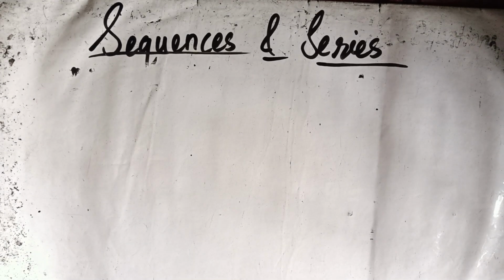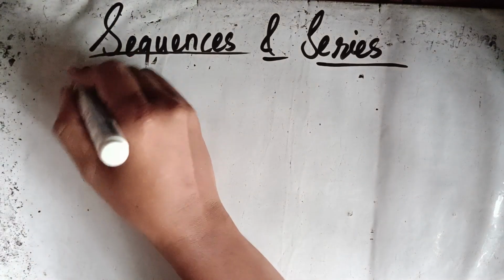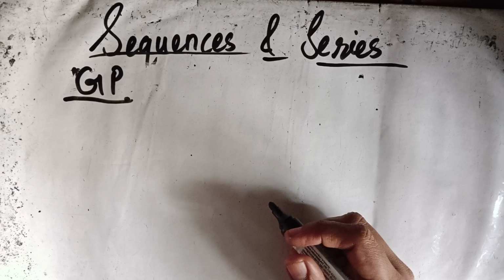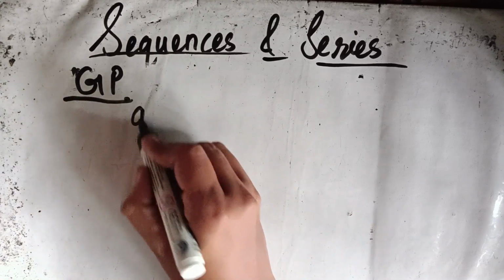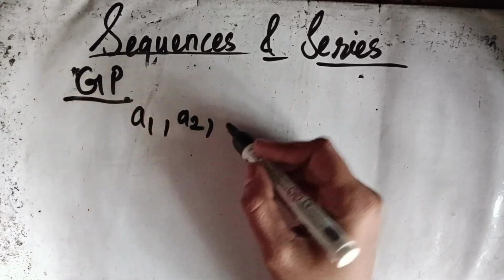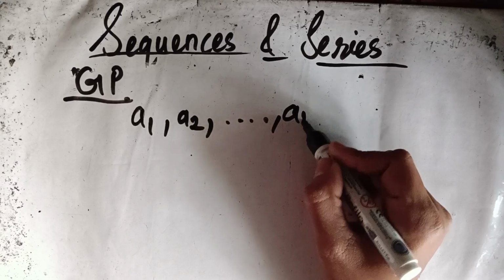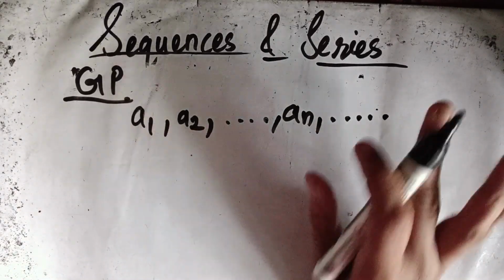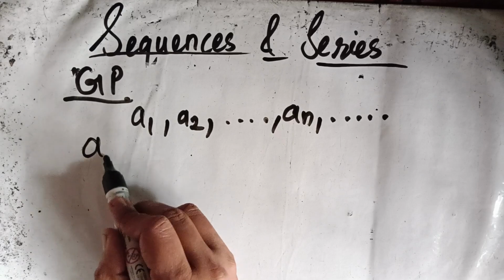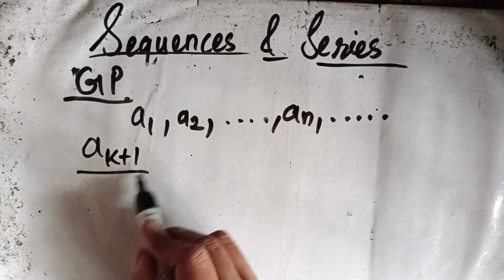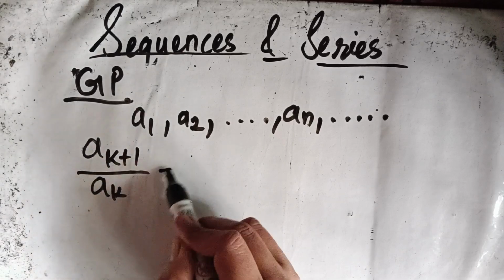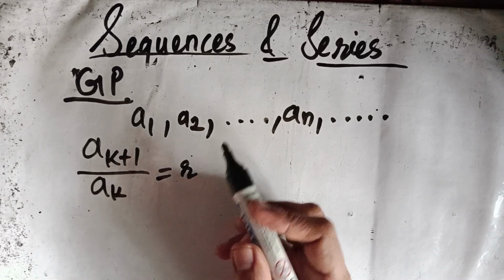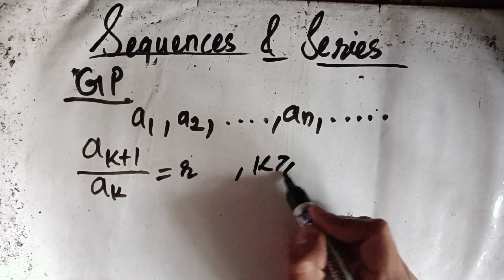So the next subtopic is geometric progression, which is GP. Okay, so here the terms, that is the sequence, is given by A1, A2, A3, AN, and so on. It is called a geometric progression if there is a ratio of AK plus 1 upon AK, which is R. Okay, this is called a common ratio for K greater than or equal to 1.